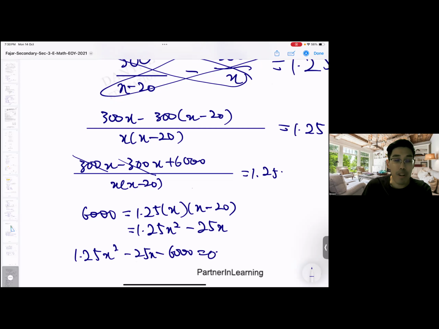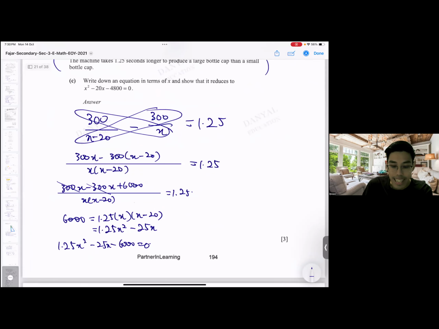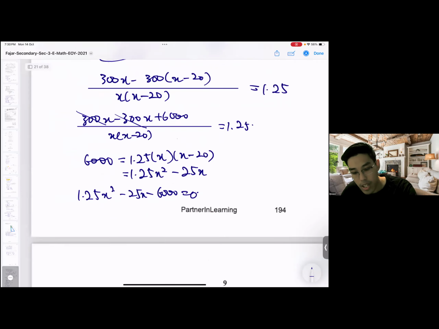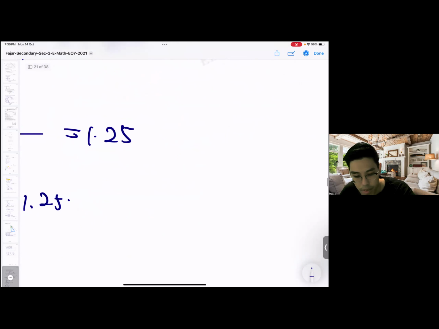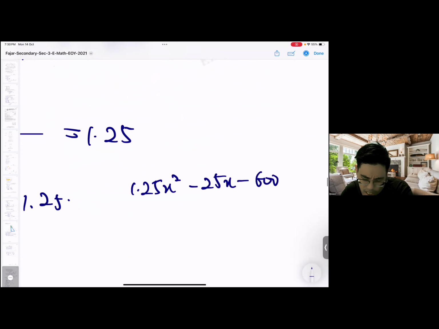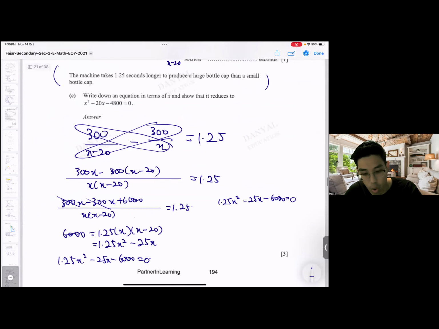So from here, are we ready to find what we are looking for already? Yes, you definitely can, because to go back to the original equation, we are just dividing it by 1.25. That's all. Okay. So I bring it over here. I got 1.25x squared minus 25x minus 6,000 equals 0.